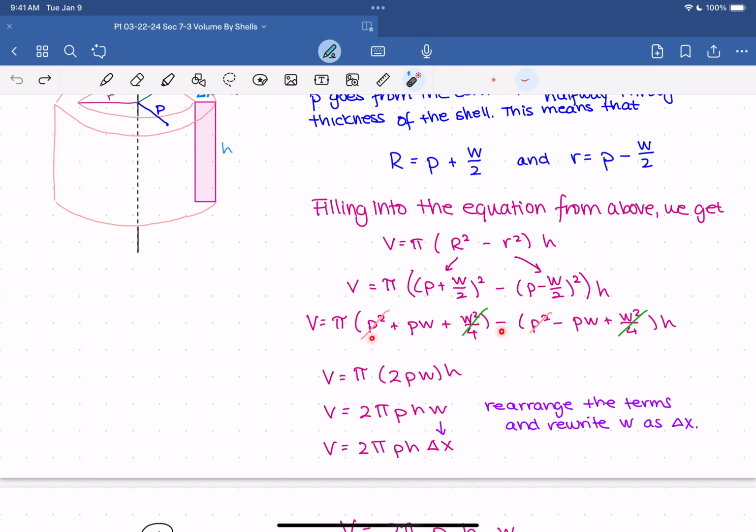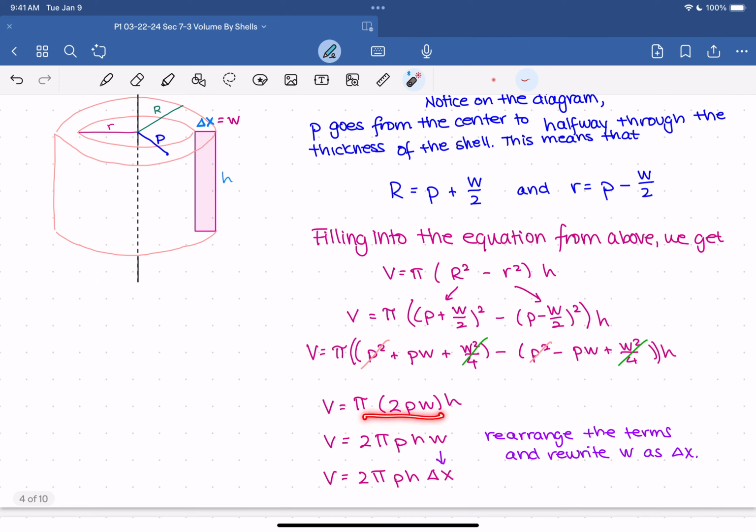P squared minus P squared cancels out. W squared over 4 minus W squared over 4 cancels out. And I just have PW minus negative PW is 2PW. And I just realized I need another set of parentheses here. Let me just put that in real quick. And then I have my pi and my h. So you can see the formula simplifies down very nicely.